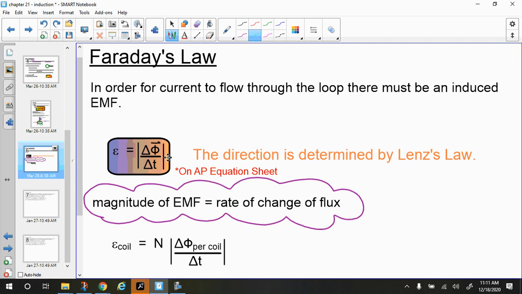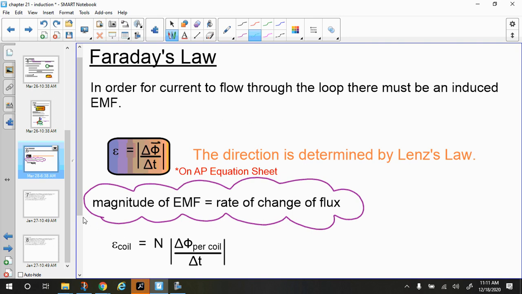So it's the rate of change of flux. This only tells us the magnitude, it does not tell us the direction. To figure out the direction, we have to use Lenz's law. So the magnitude of EMF is equal to the rate of change of flux.